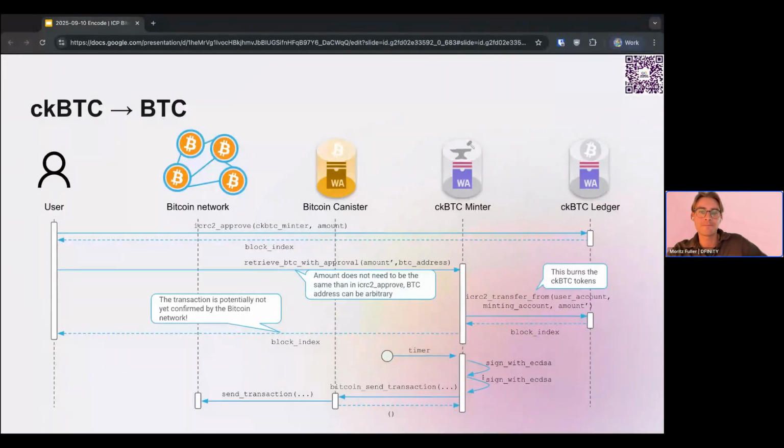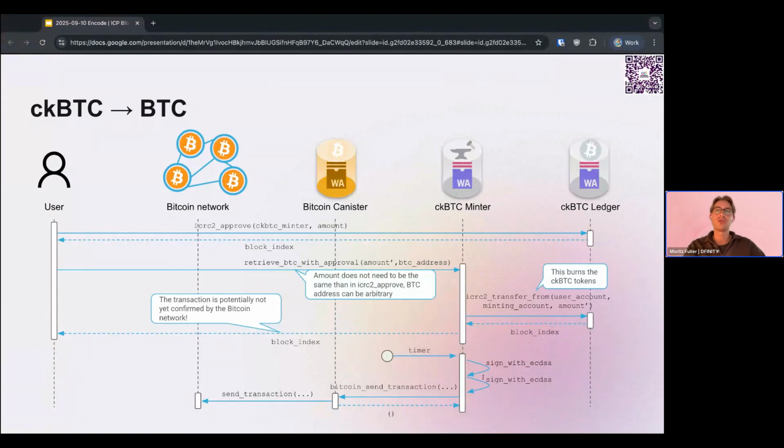The retrieval request is put in a queue, and it uses a timer. On a timer, the minter creates a single Bitcoin transaction that serves up to 100 Bitcoin retrieval requests.